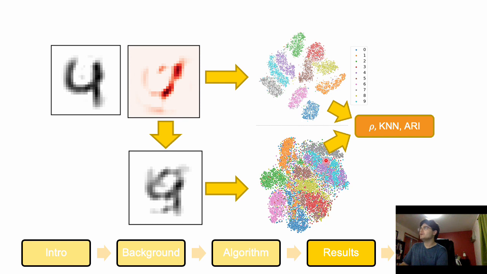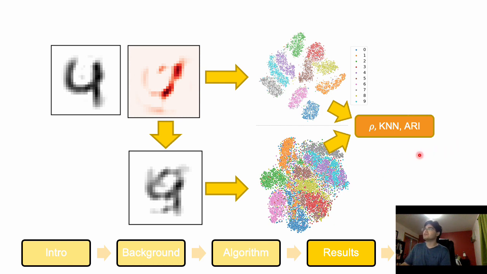We then took the Spearman correlation between the distances of the embeddings before and after corruption, the 10 nearest neighbor preservation, which measures if the 10 nearest neighbors of each point are the same before and after corruption, and the adjusted rand index, which we computed by performing a k-means clustering of the embeddings before and after the corruption and comparing how similar they are.